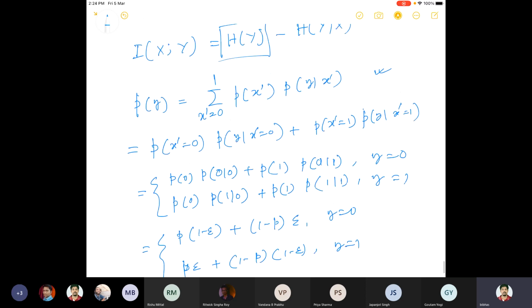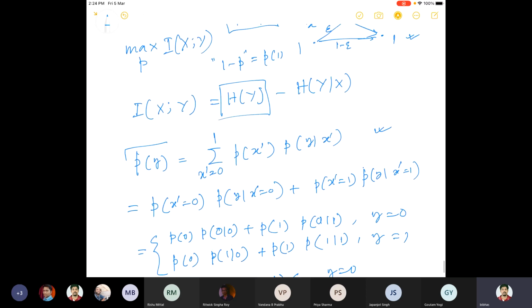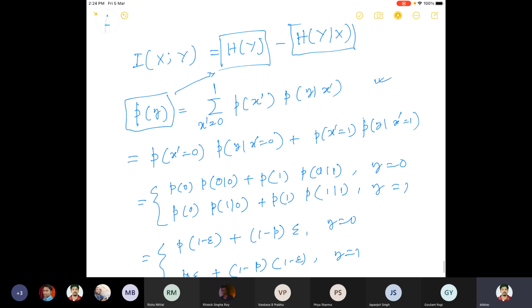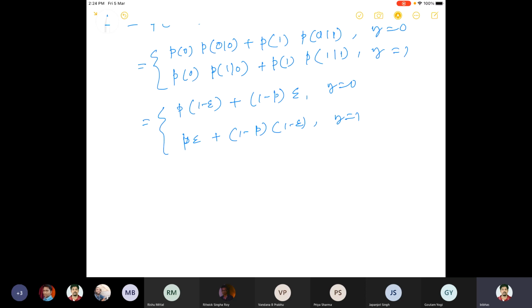Okay, so I already know the probability of y, so I can compute H of y. Now I need to compute this H of y given x, so that's the conditional probability. But what is the formula? How do we calculate this conditional entropy?